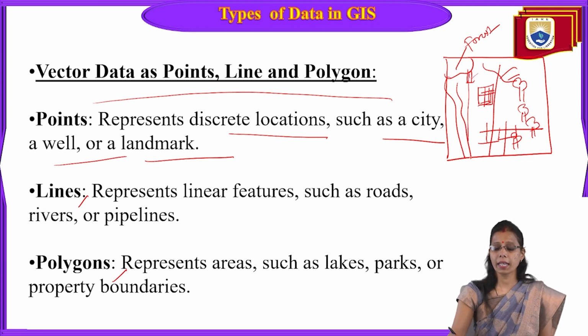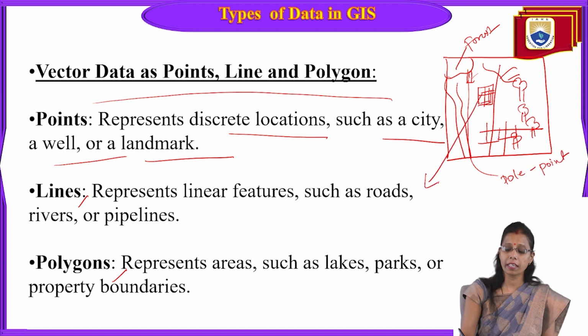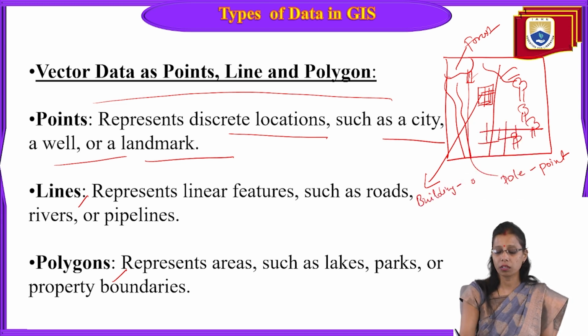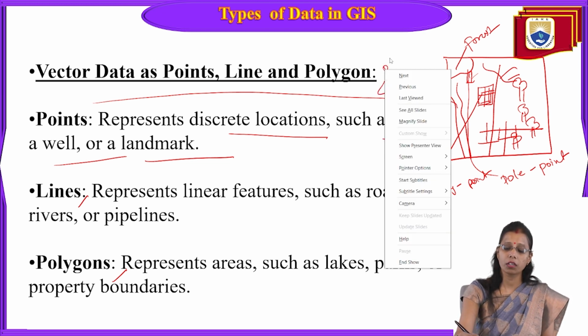A pole can be categorized as a point. You have a building here; this also can be categorized as a point. And later, if there is a river, a river can be categorized as a polygon.